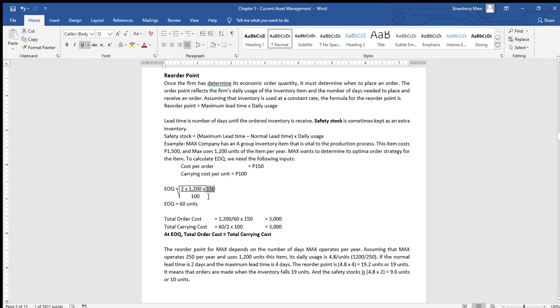Tapos divide natin yung carrying cost per unit, which is 100. So, upon computing for the EOQ, makakompute natin is 60 units.